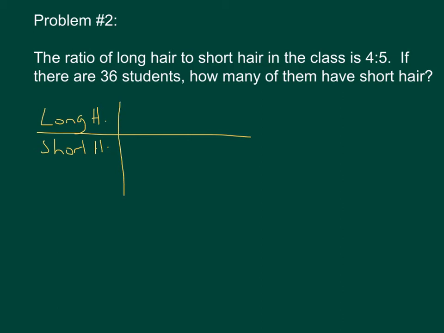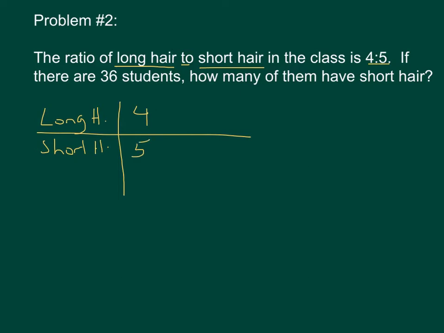Now, when it says 4 to 5, I need to make sure I know which number goes with which word. So I have to pay attention to the order that I said it. Because it said the ratio of long hair to short hair is 4 to 5, that means that 4 is the long hair and 5 is the short hair.